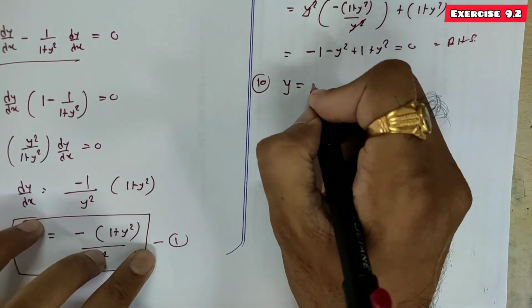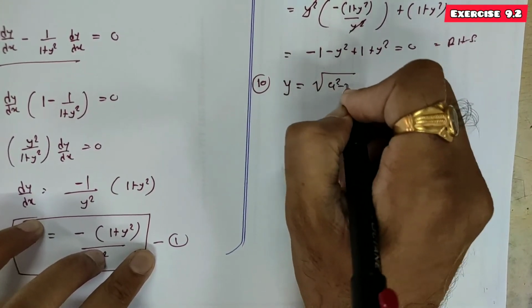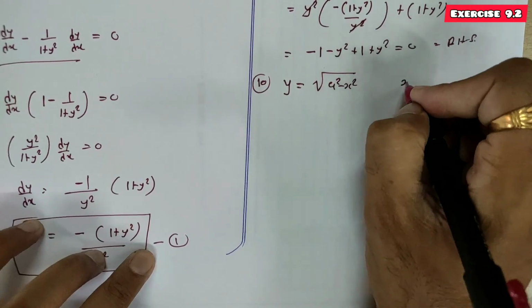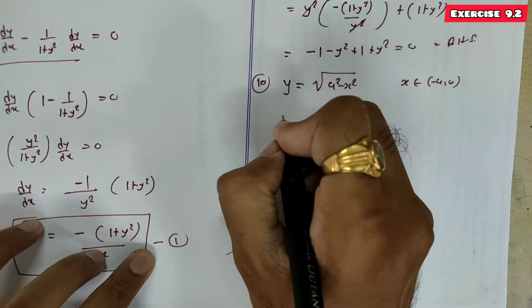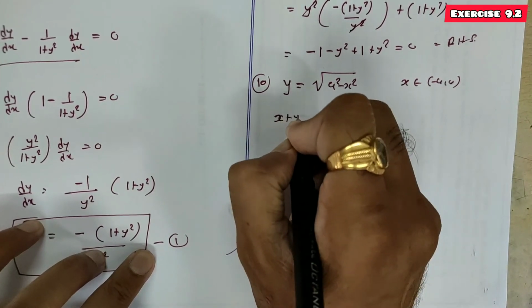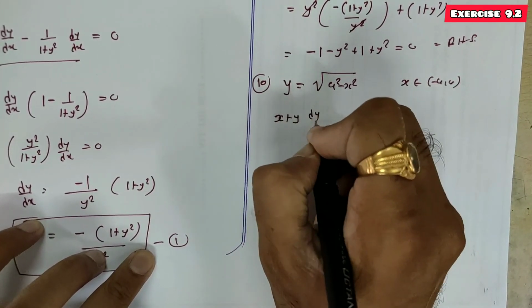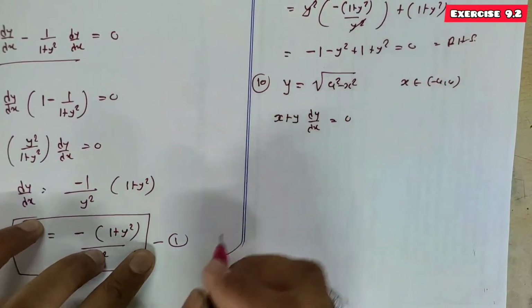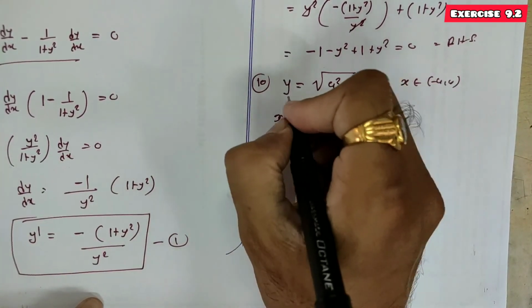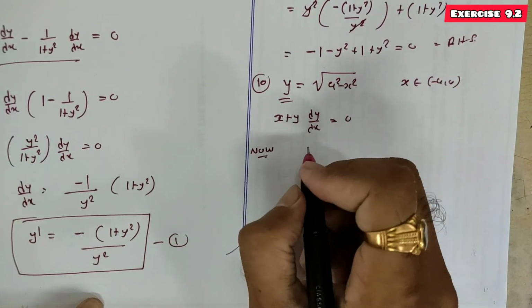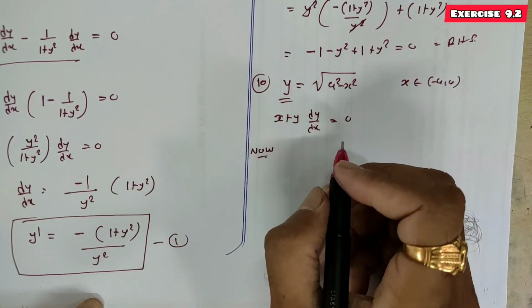Last sum of the exercise, question number 10. Here y equal to square root of a square minus x square, where x belongs to minus a to a, is given. The differential equation is x plus y dy by dx equal to 0. So now differentiate this y with respect to x.